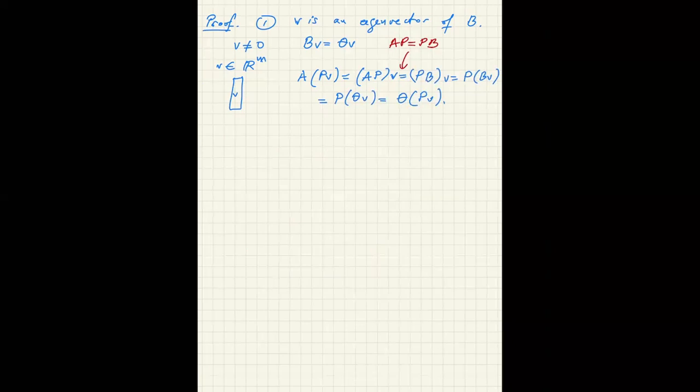Now, what is PV? The entries in V are indexed by x1, x2, xm.